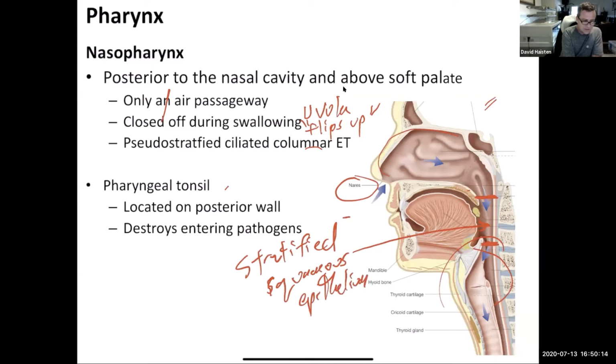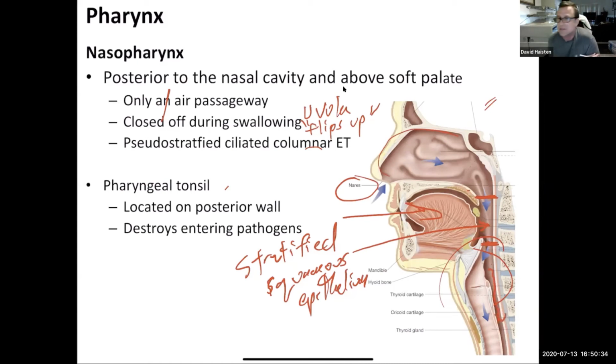Because food's coming in your oral cavity. And it's going to stay stratified squamous in your laryngopharynx because there's going to be abrasion happening there too, because it's a common opening. And then food's going to go down your esophagus.